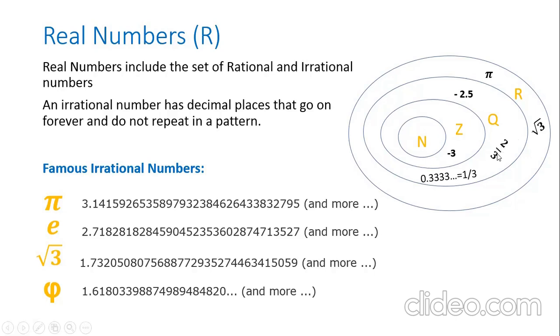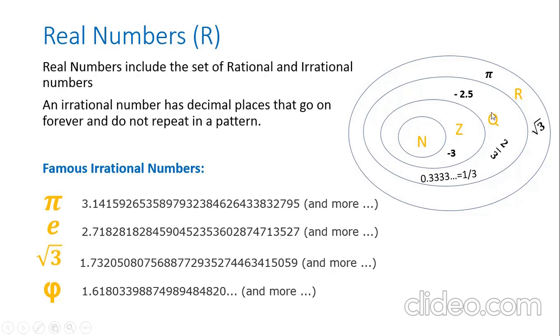This doesn't belong to the set of integers. Also, the recurring decimals, for example, 0.3 with 3 repeating, which could be written as 1/3, as we proved earlier in our previous lessons.